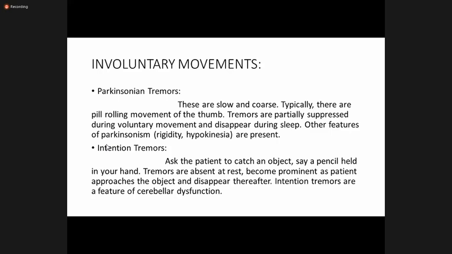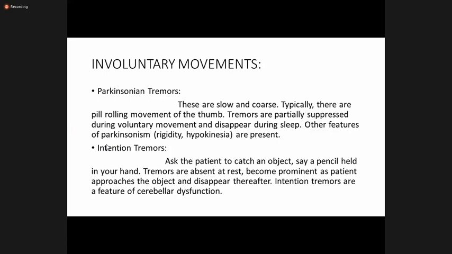Tremors are partially suppressed during voluntary movement and disappear during sleep. Other features of Parkinsonism: check for the rigidity, hypokinesia, and gait. These are extra helpful things in case of Parkinson tremors.